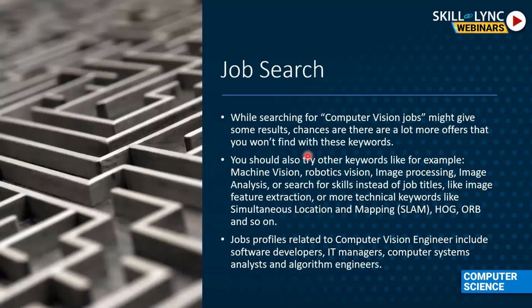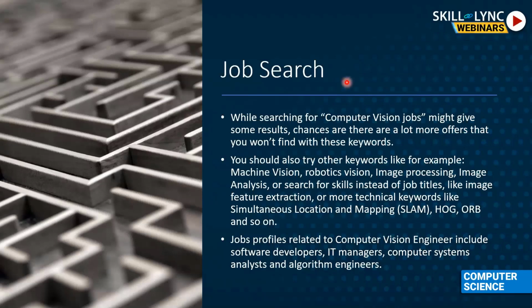So job search. While searching for computer vision jobs in India, we can search with keywords like computer vision engineer, but it's not the case. Often we can use keywords like machine vision, robotic vision, image processing, image analysis, or some other keywords that use the skills that we do in image processing or computer vision, not this title of computer vision jobs.